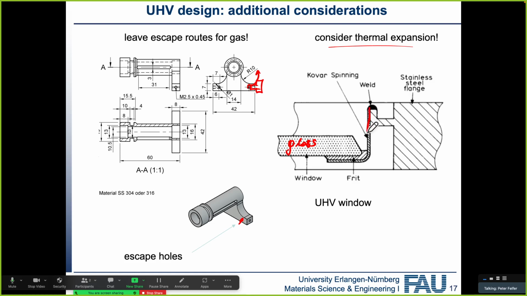Typically what's done is that you have some kind of sheet metal piece that can take some of the expansion, but of course it's always good if you can match the thermal expansion. Typically for those windows we use alloys called Kovar. Kovar is called Kovar because it has the same thermal expansion as glass, for example, as flint glass. If you really mount things on top of each other, you need to make sure that they have similar thermal expansion coefficients.